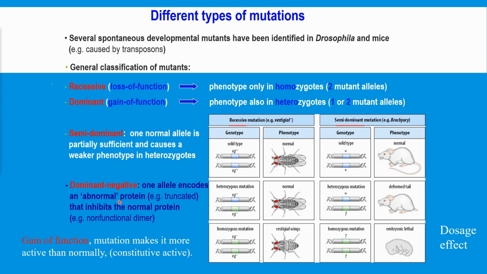When they form homodimers, those homodimers are non-functional, because one part of the homodimer is non-functional. That's one way in which a mutation in just one allele can interfere with the other allele, giving a dominant negative effect.